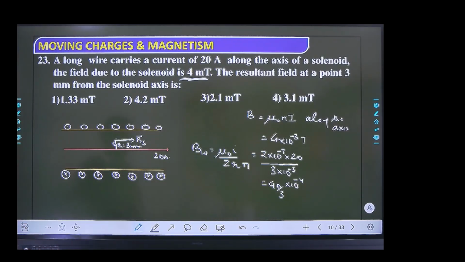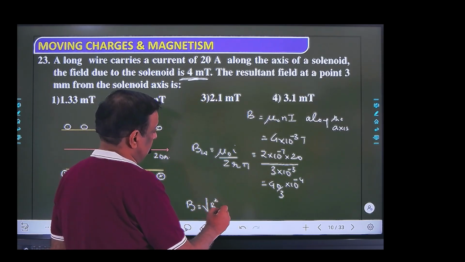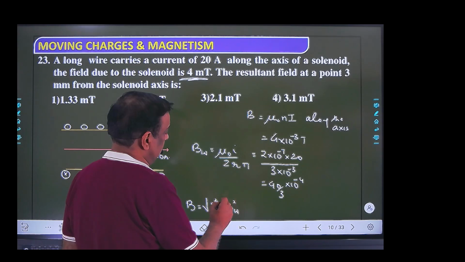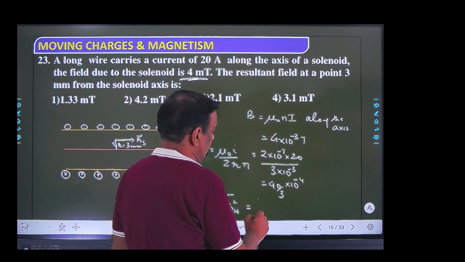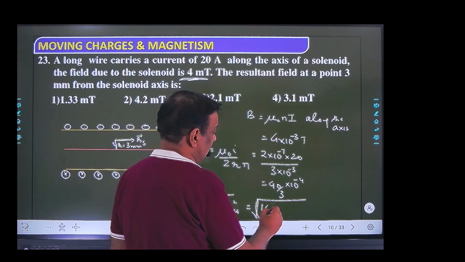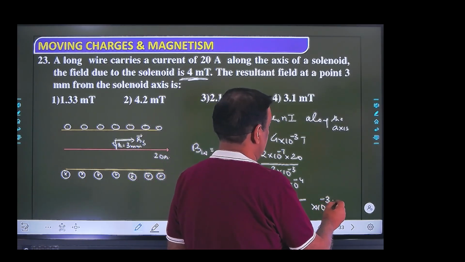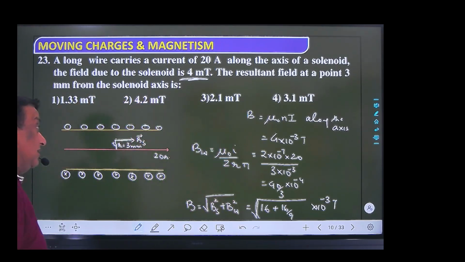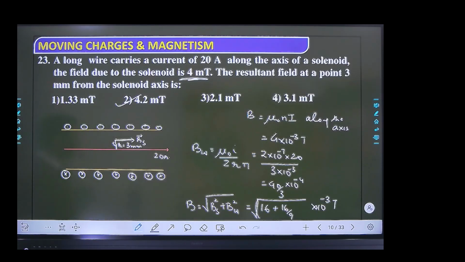So the resultant field is the root of Bs square plus Bw square, which is root of 16 plus 16 by 9, giving about 4.2 millitesla. Did you understand how it was done?